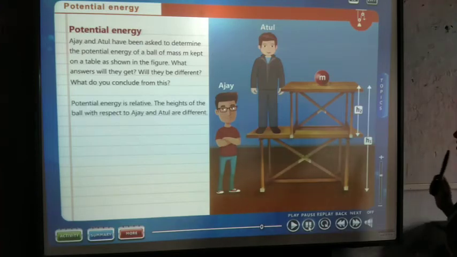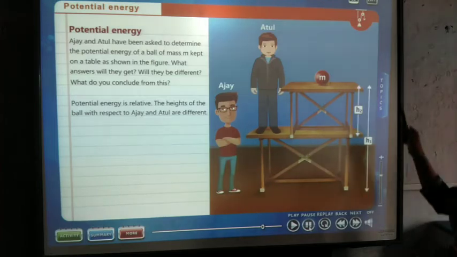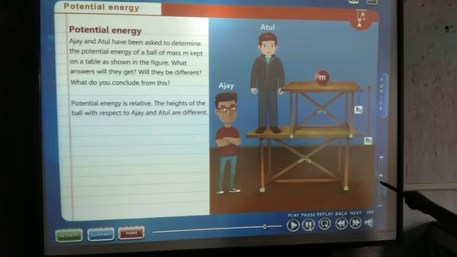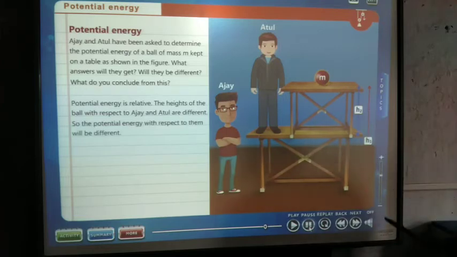Potential energy is relative. The heights of the ball with respect to Ajay and Atul are different. So, the potential energy with respect to them will be different.